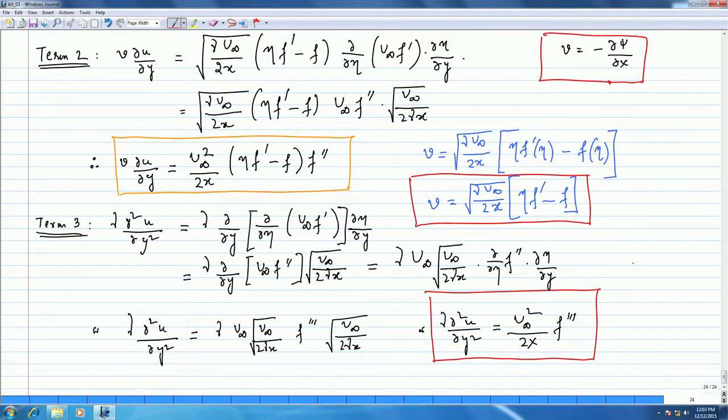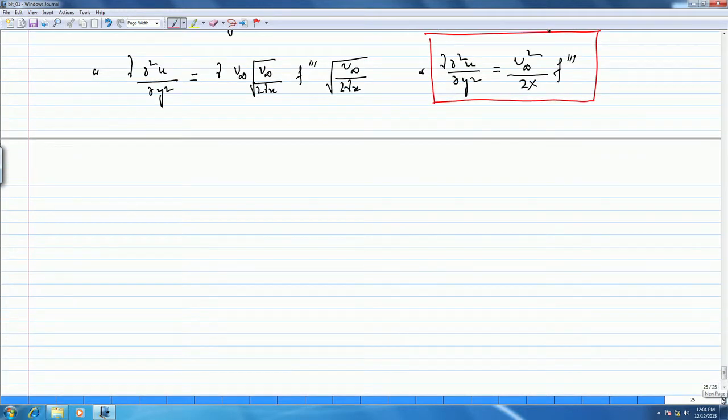Now, we need to convert some of the boundary conditions as well. We shall convert these to boundary conditions. So we have the boundary conditions.